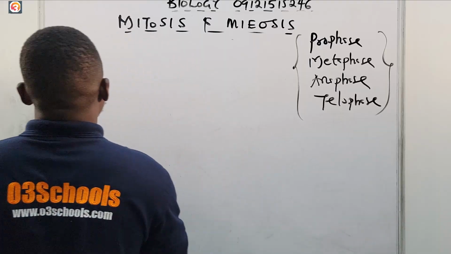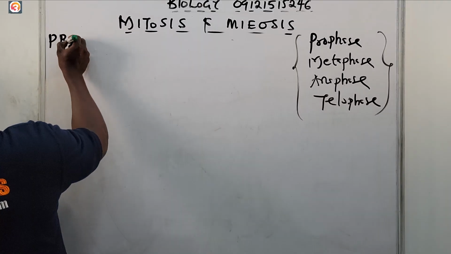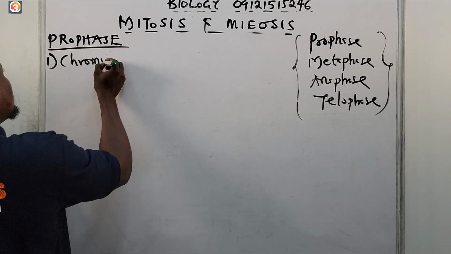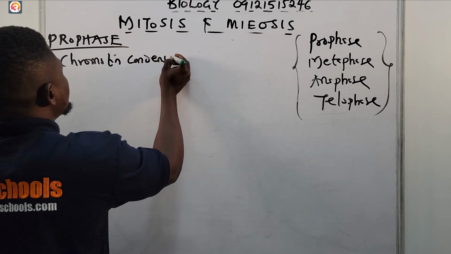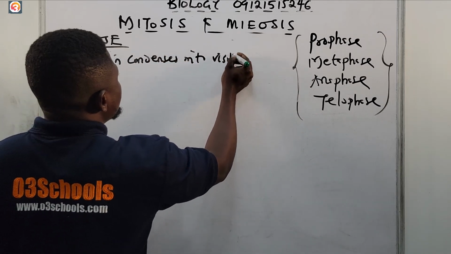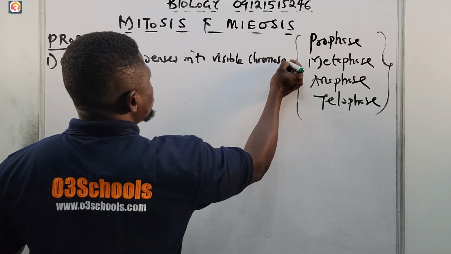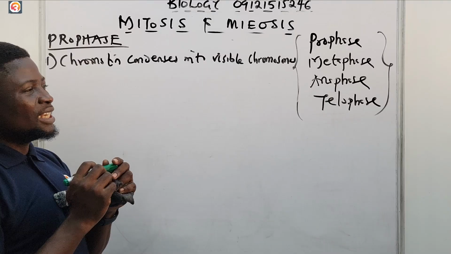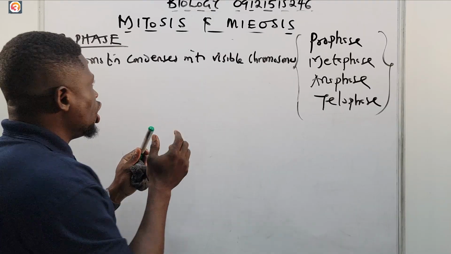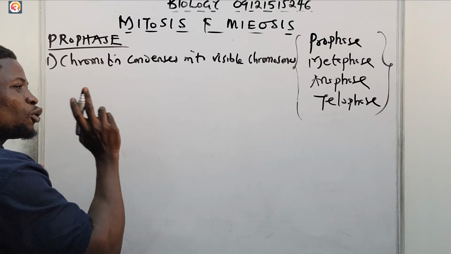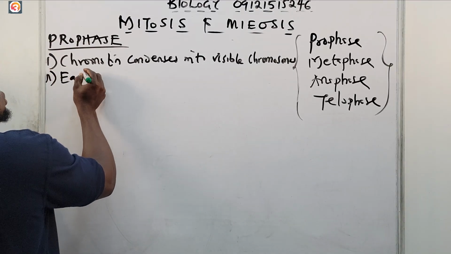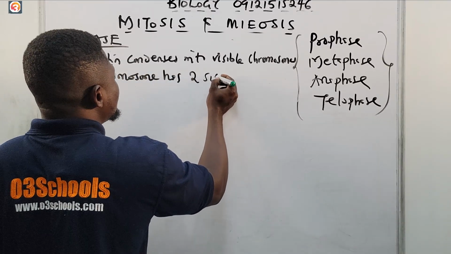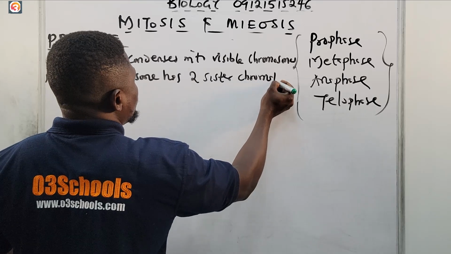All right, prophase. What happens in prophase? Number one, chromatin condenses into visible chromosomes. Number two, each chromosome will have two sister chromatids.